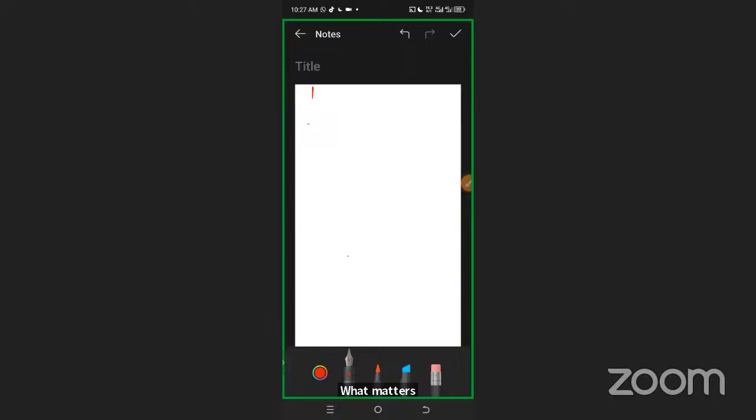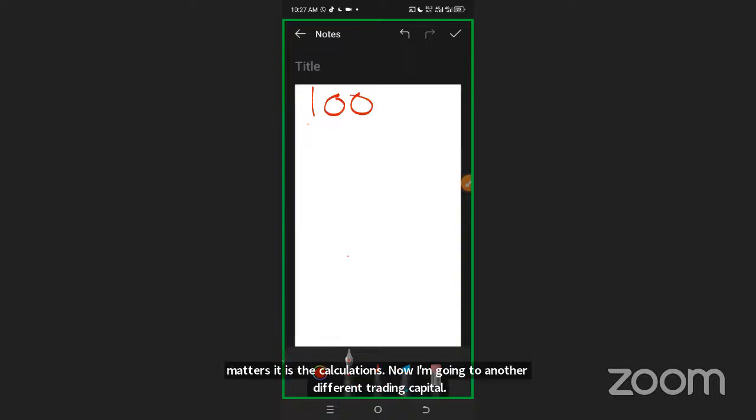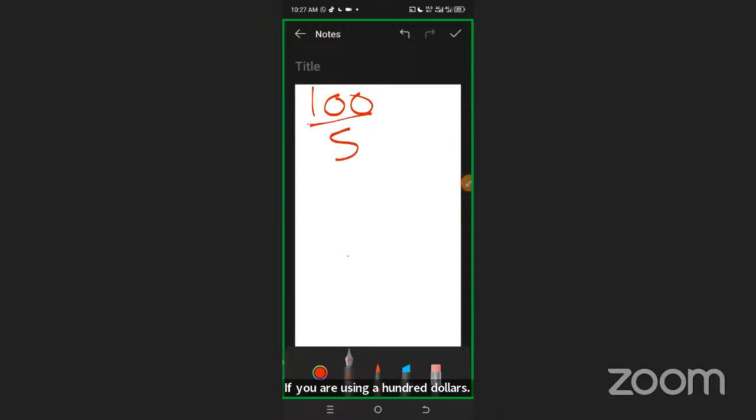If you are using $100, divide this by 5. 100 divided by 5, you get 20.